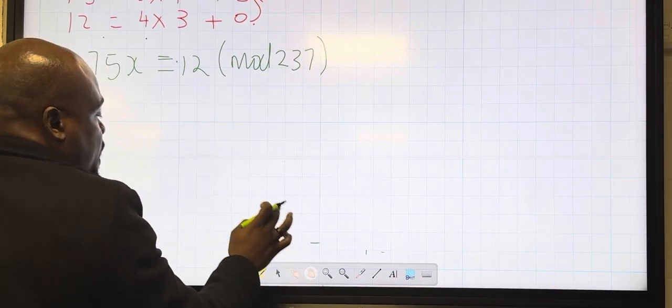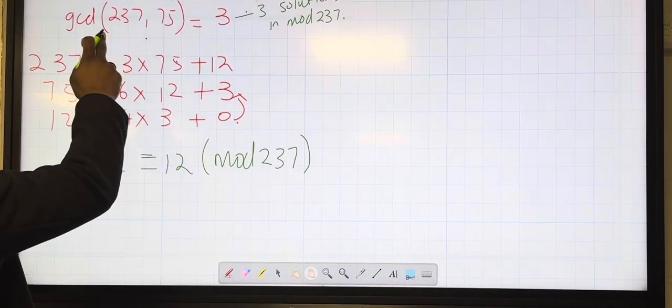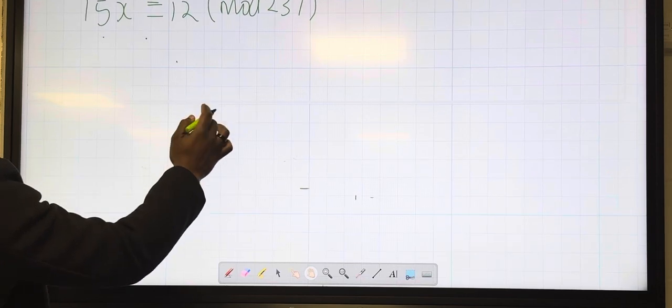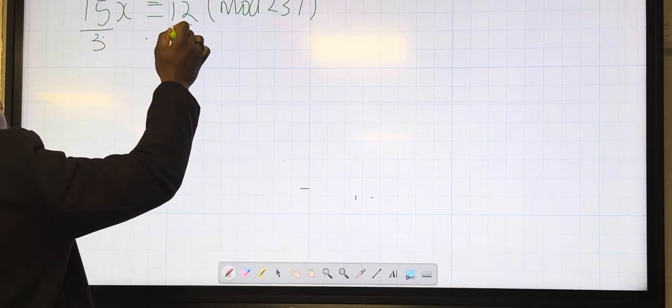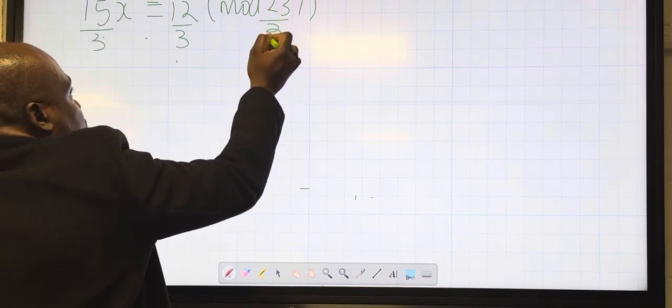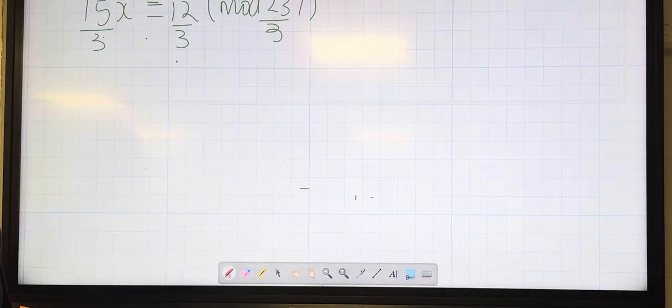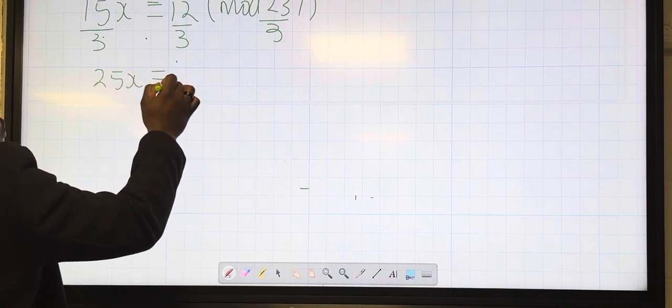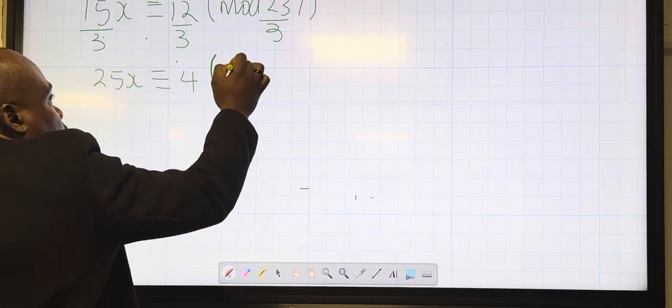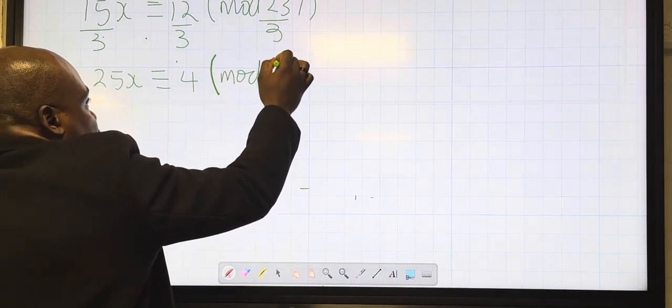So since the GCD is 3, we are going to divide this by 3, this by 3, and this by 3, and we will get 25x is congruent to 4 in mod 79.